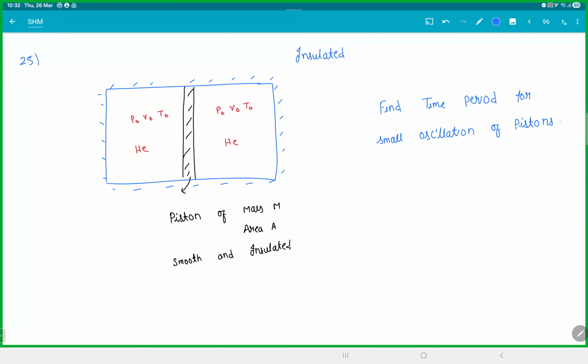Let's see how do you handle this. Thermodynamics and SHM.